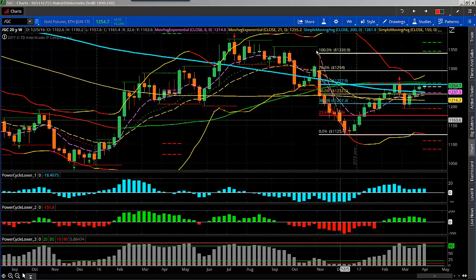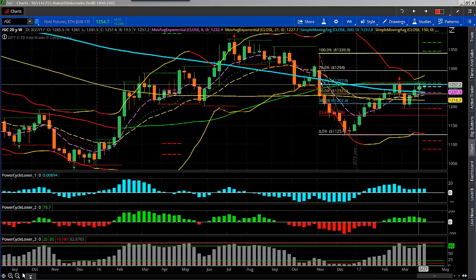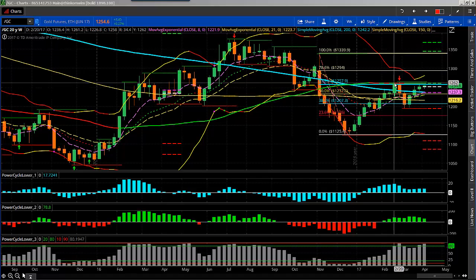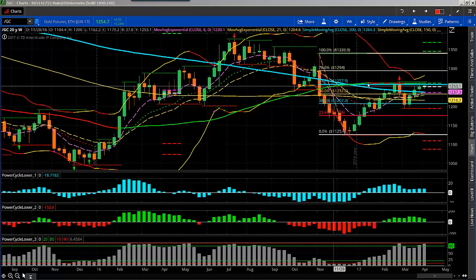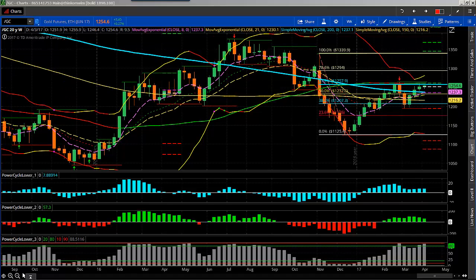So we take the high to low, and you can see also this is a 618 Fibonacci retracement. So major resistance here at the moving average, and then also 618. So this is a retracement moving average failure and Fibonacci failure. So those are great chart patterns as well.